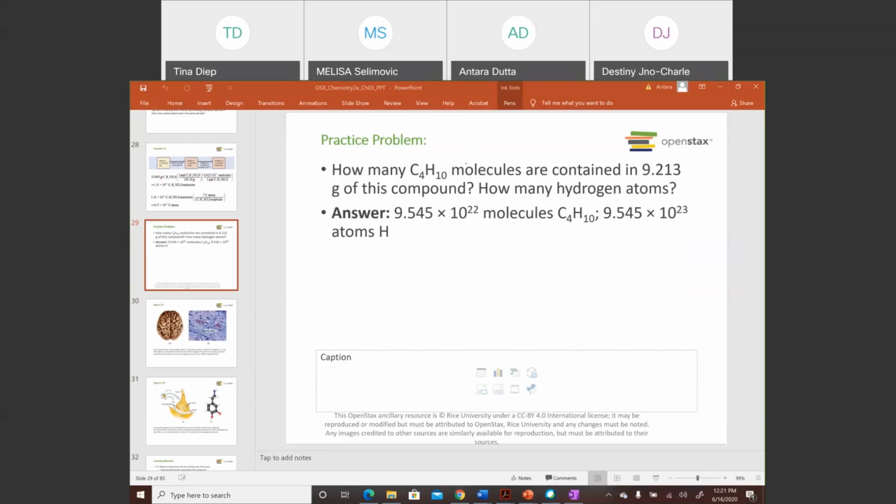How many moles? 58.124. 4 times 12 is 48 plus 10 times 1.008, so 58 something. So 9.213 grams over that number.